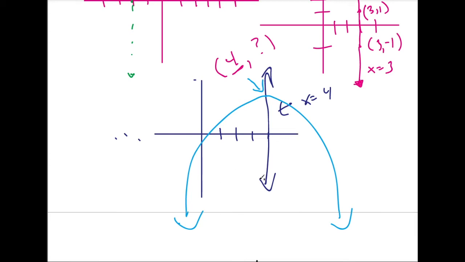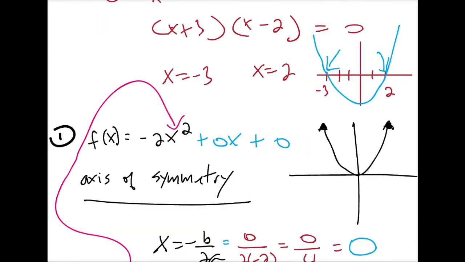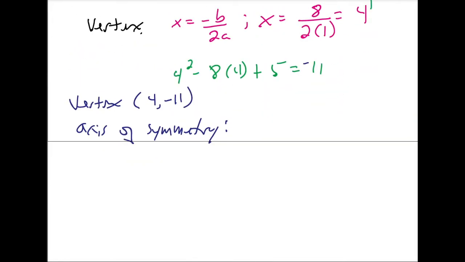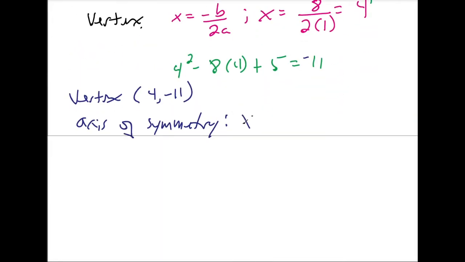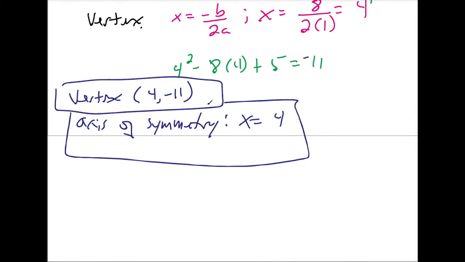And it's always going to be x equals something. So it is x equals 4. Yes, always x equals something. So we got the vertex. We got the axis of symmetry. What else do we need?